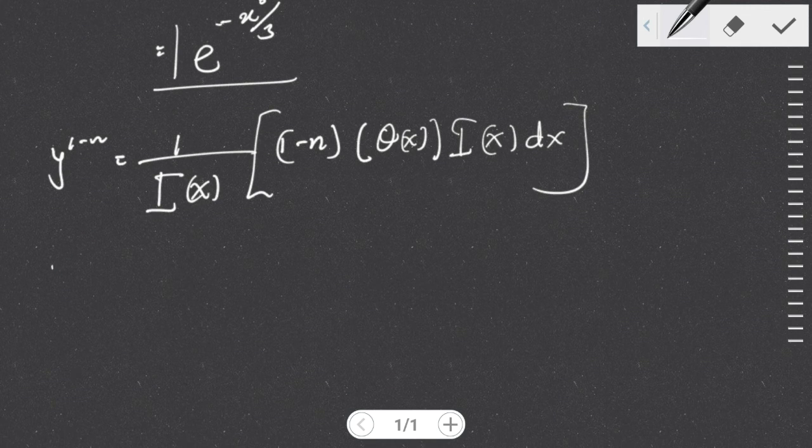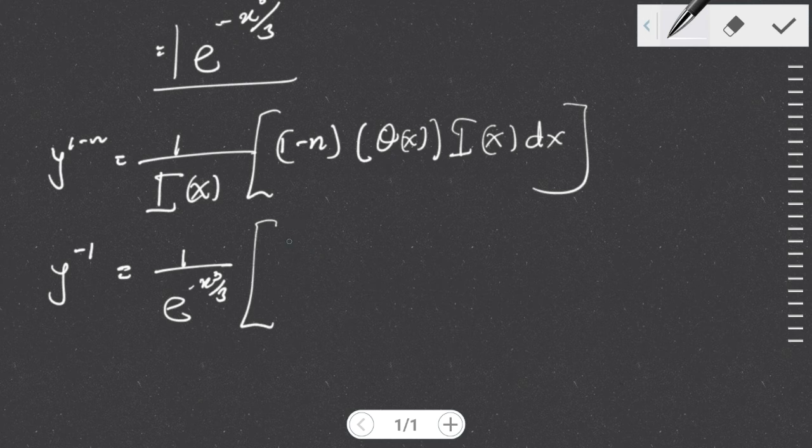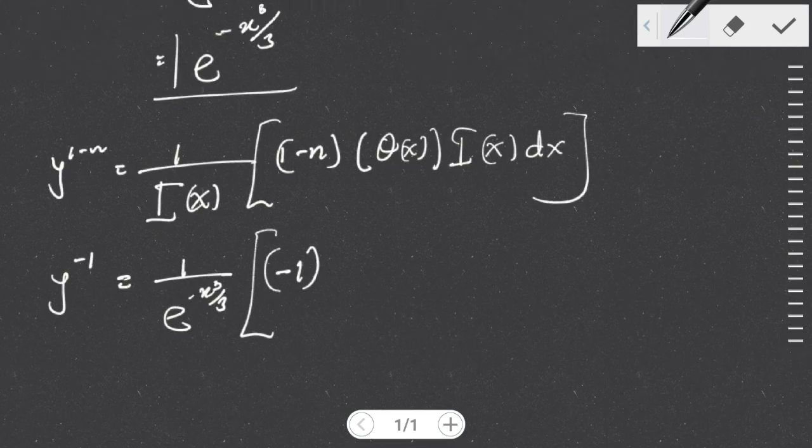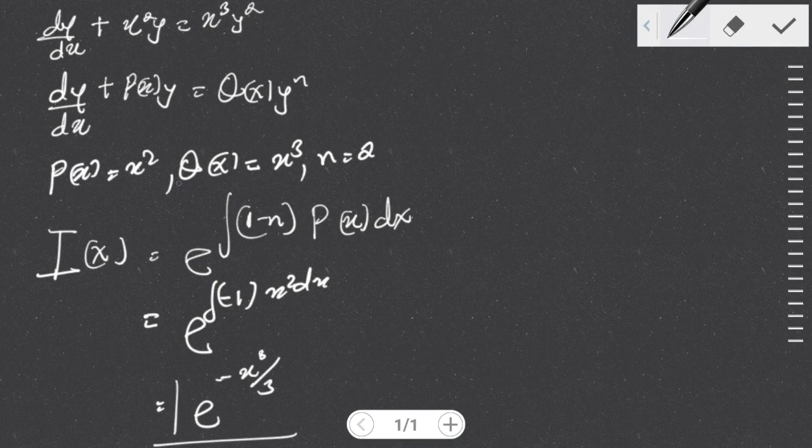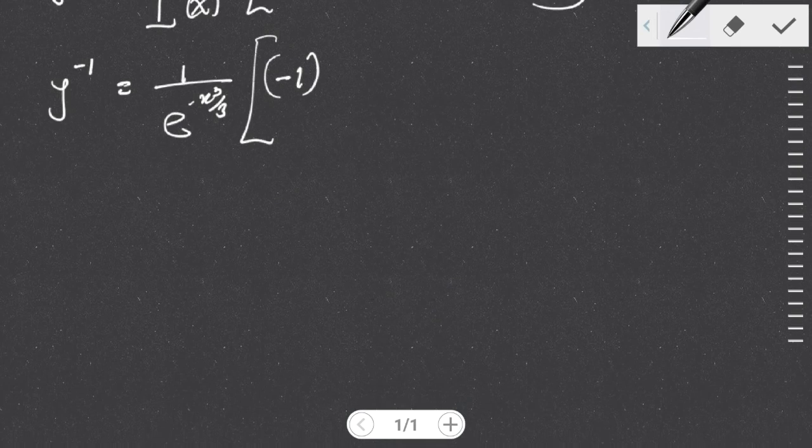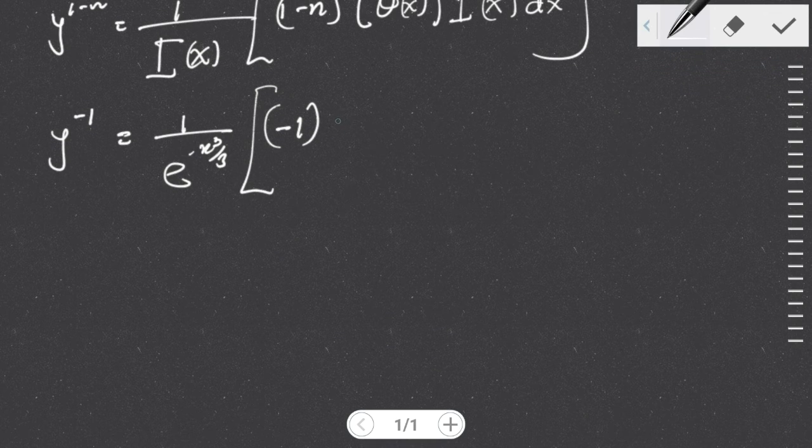Then I come in and say y to power -1, this was 2 so this is -1, which would be equals to 1 all over e to power -x cubed out of 3 into the integral of -1, then q of x, of which from our equation q of x was equals to x cubed, x cubed, the integrating factor, which is e to power -x cubed all over 3 dx.